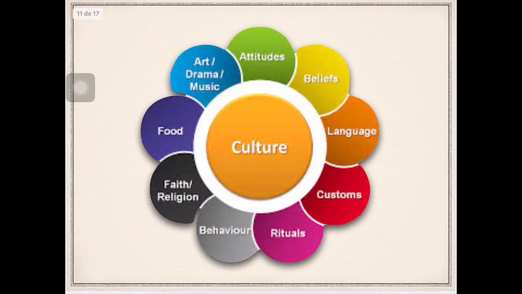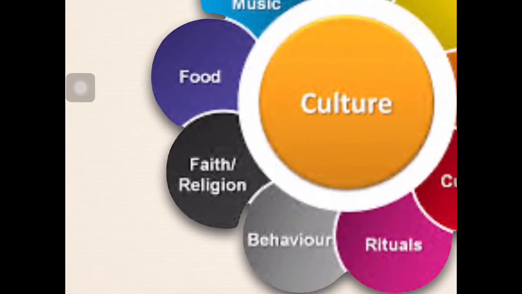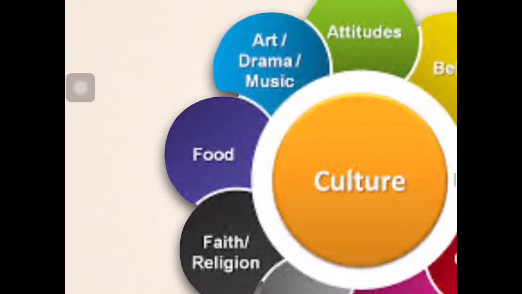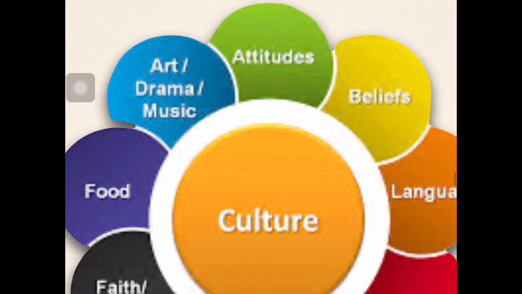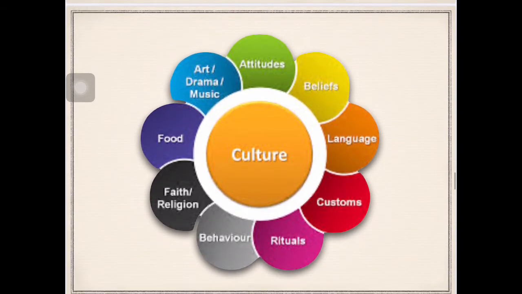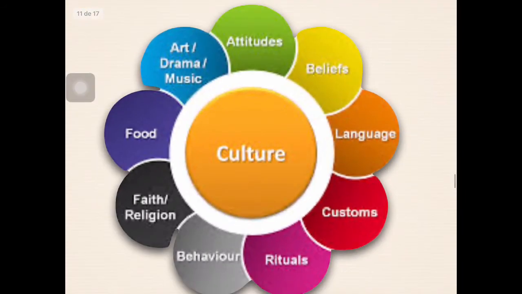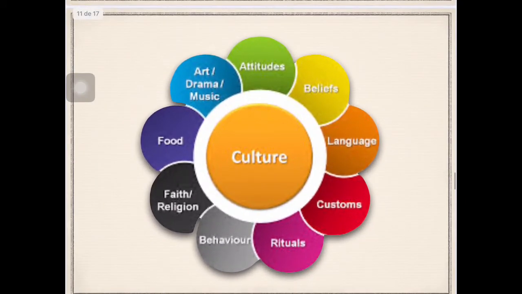So this is a bunch of things that are part of culture: beliefs, language, customs, rituals, behavior, faith, religion, food, art, drama, music, attitudes. All these change depending on your society, because all of these are a product of the interaction of society. So this is quite very complex.